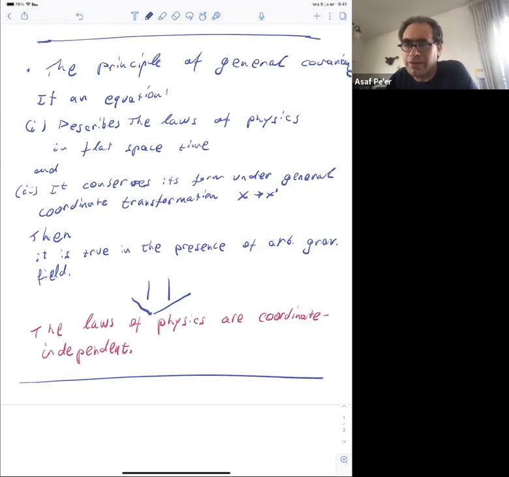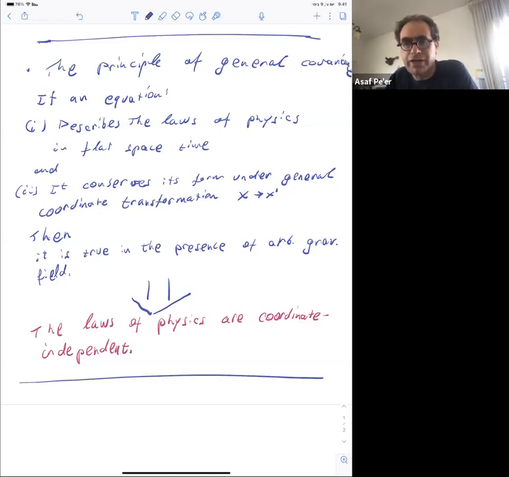So I can set up, and I know that the form of an equation, which is written in a vectorial form, would remain, at least in special relativity. Now things are getting more subtle, because now we're working not in flat space-time, but in curved space-time. So we need to be careful about things such as derivatives, right, which are absolutely essential in writing any equation in physics, right? How do we write derivatives, for example, in curved spaces?